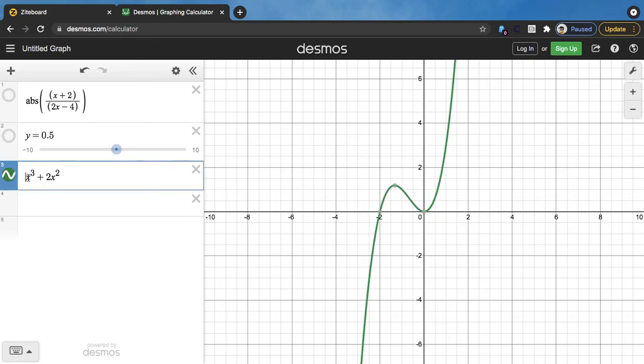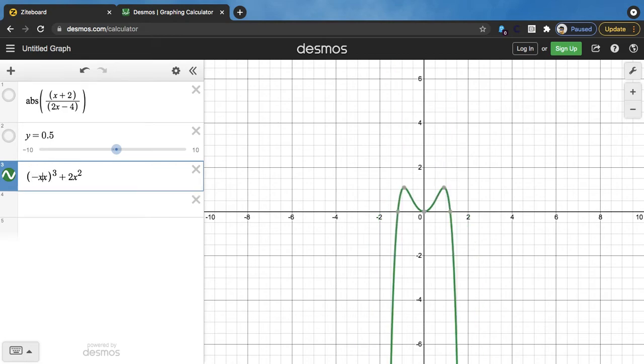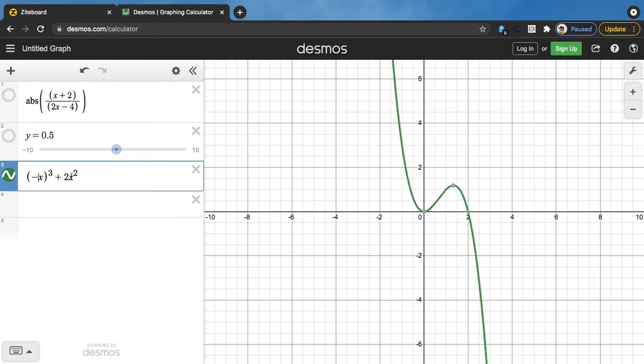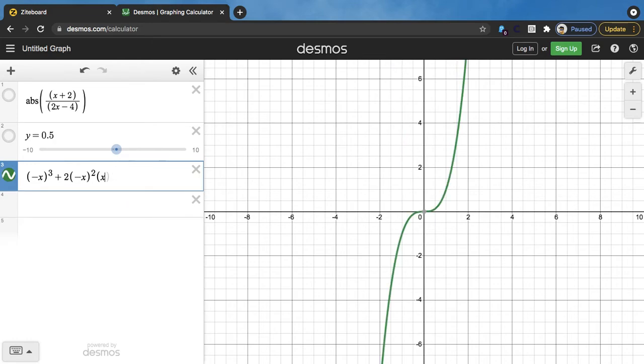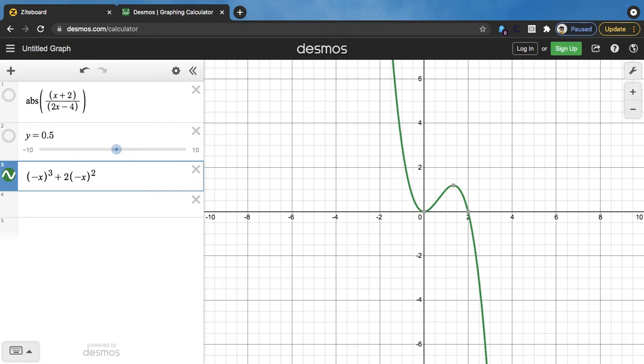So wherever there is x, I'm going to replace it by minus x. So it flipped. Even if I put here minus x, it doesn't matter because it's a square operation. But let me show you. Right, so first thing that happened was it flipped.